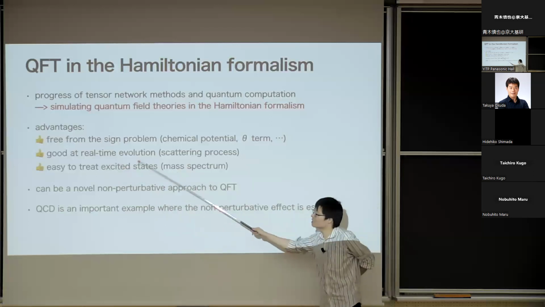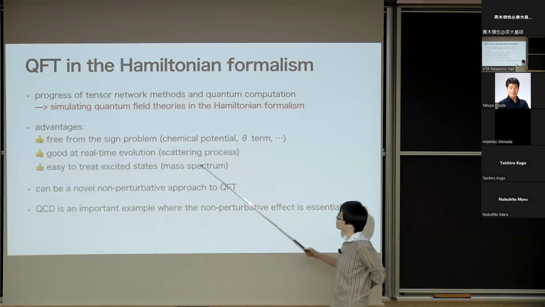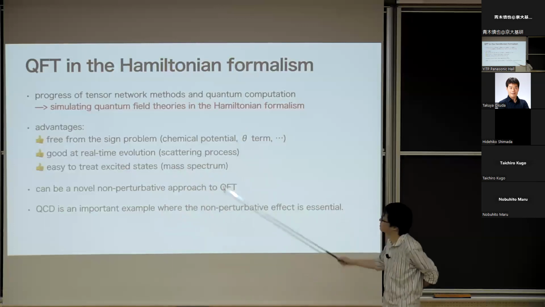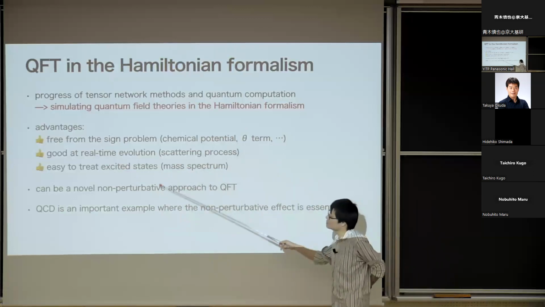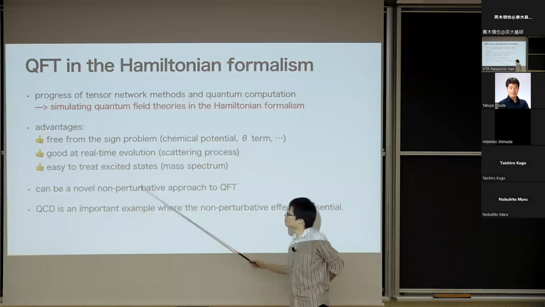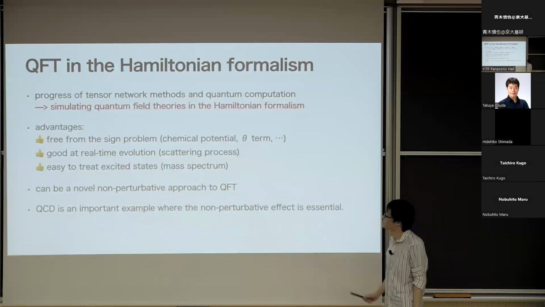This point is related to this work, and in fact, we can investigate the mass spectrum of the model using this property. So in fact, the Hamiltonian formalism can be a novel non-perturbative approach to simulating quantum field theory.